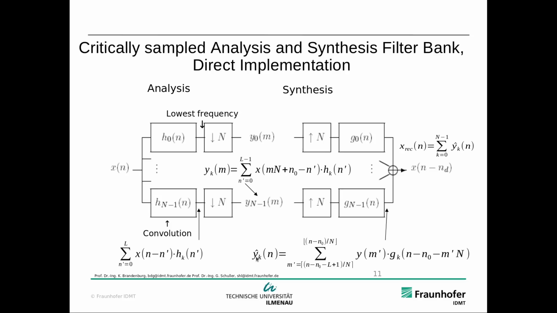Here you can see I included the subband index k on y_k. And then the reconstructed signal, here I call it x_rec of n, now consists of the sum of all the subbands. So here we need to sum over all the y_k, and here you can see why I included the k, because I need it in the sum.